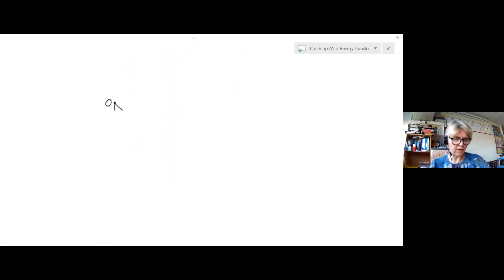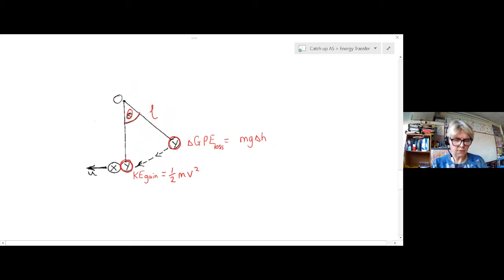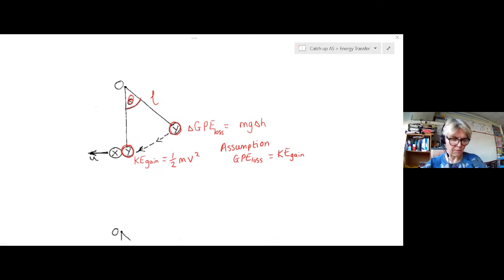We've had a look at the energy changes, and there is a big assumption here, that all of the gravitational potential energy is going to be converted into a kinetic energy gain. And that is not necessarily true, and I will address that in another smaller problem for you to see.